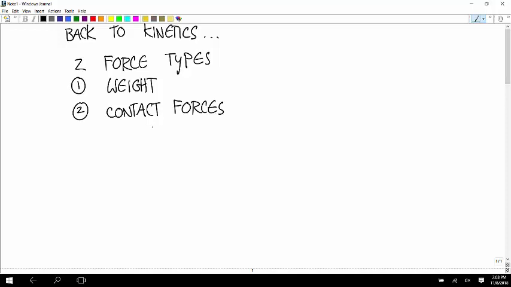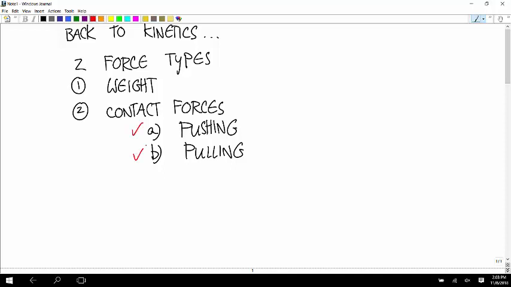And the contact forces are pushing forces. So pushing forces point toward the chosen object. Pulling forces, those act away from the chosen object.